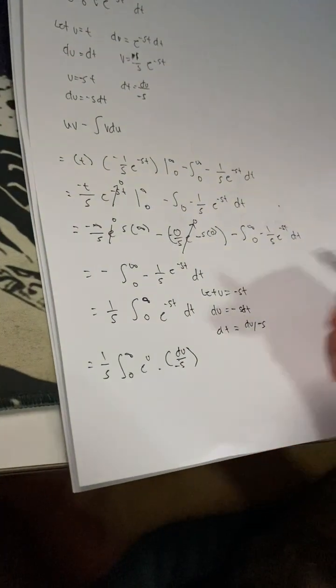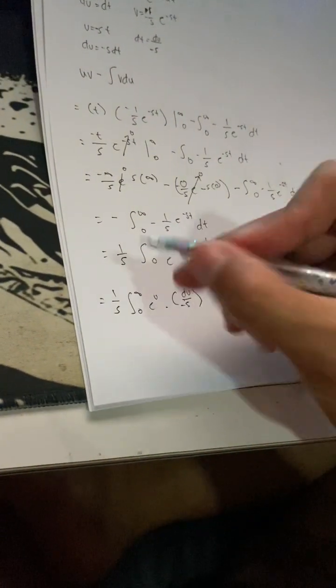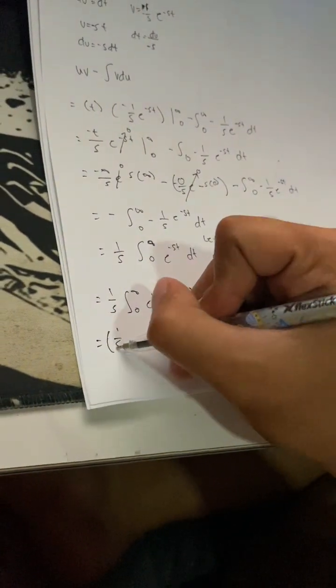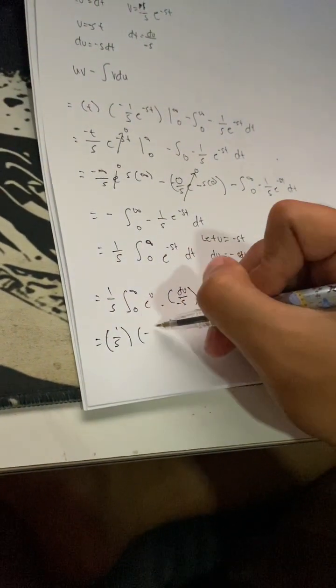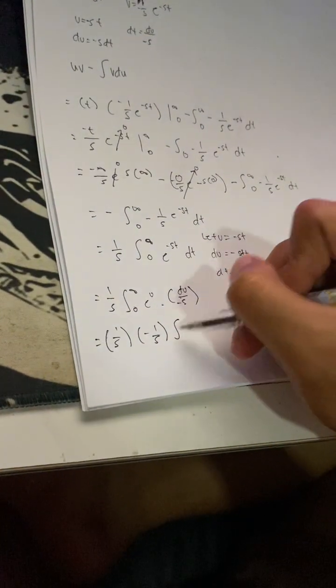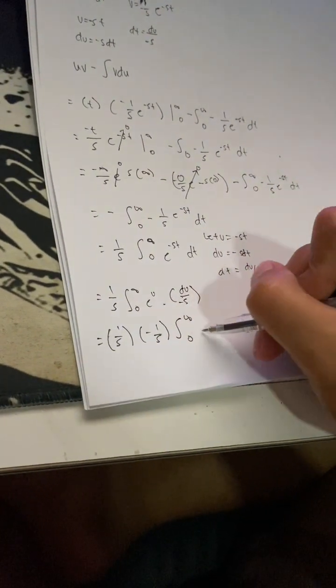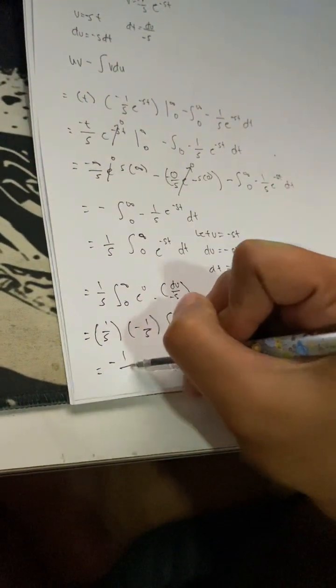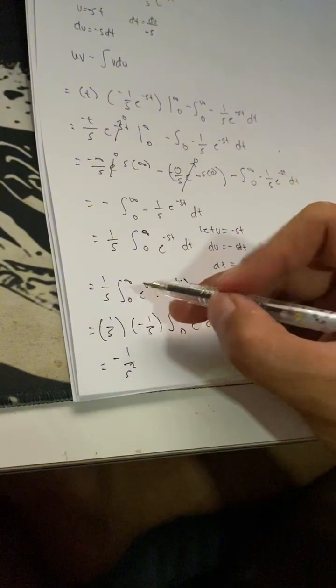Again, I can pull out negative 1 over s outside the integral sign, so that would be 1 over s multiplied by negative 1 over s, integral from 0 to infinity of e raised to u du.